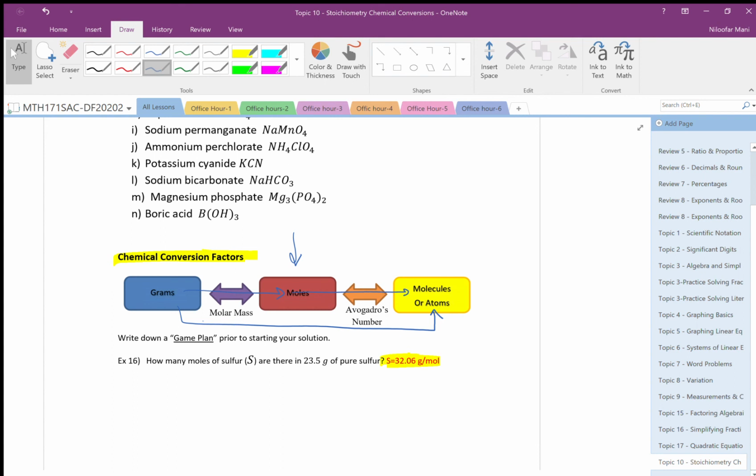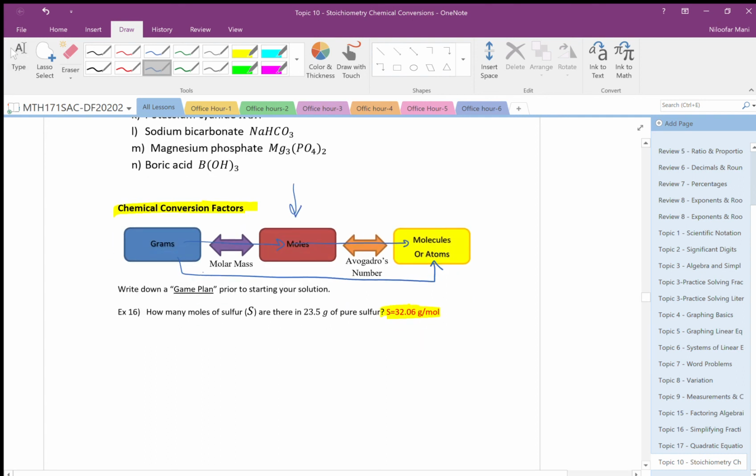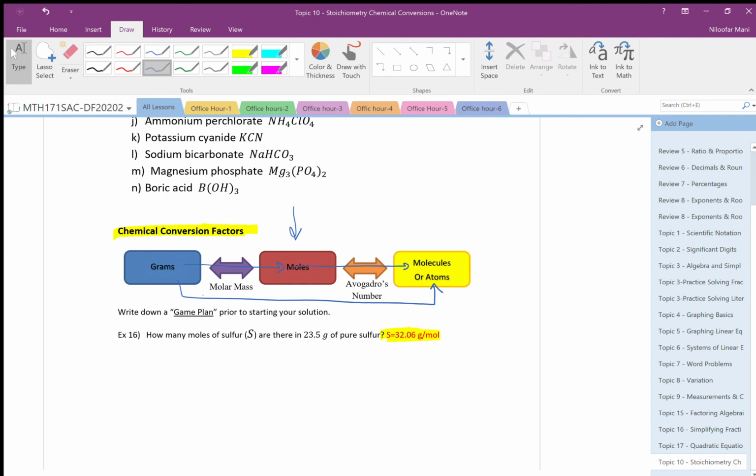So far we just talked about the mole, that we can go from mole to how many atoms, from 1 mole to how many molecules, and then we talked about molar mass and how to find the molar mass for each molecule. Whatever we did can be summarized in this table. If I give you moles, you can go from moles to the number of molecules and atoms using Avogadro's number.